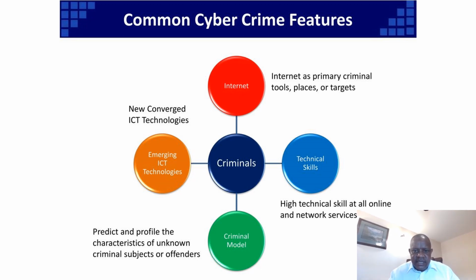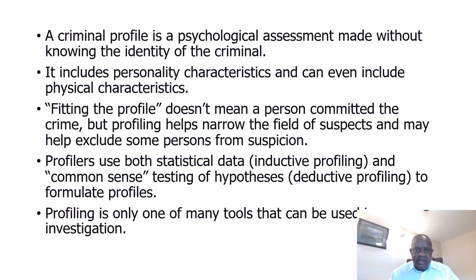You will see the criminals, and you can see exactly this figure. It shows exactly what is happening. We say there are new converged ICT technologies. The more technology grows, the more we get into cybercrime. You can also read this one on your own. In the interest of time, I'll move on.